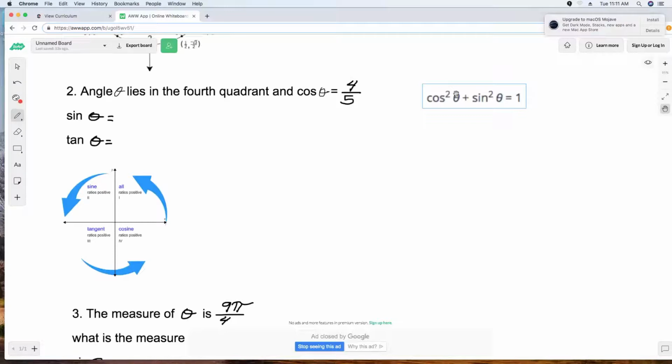On the unit circle, you are going to have an angle, and it's going to be in the 4th quadrant. It's going to be right here. What does that mean? In the 4th quadrant, the x values are going to be positive, but the y values are going to be negative.